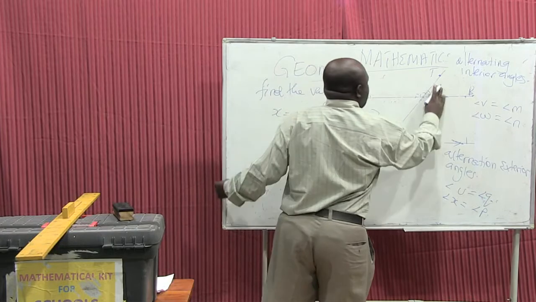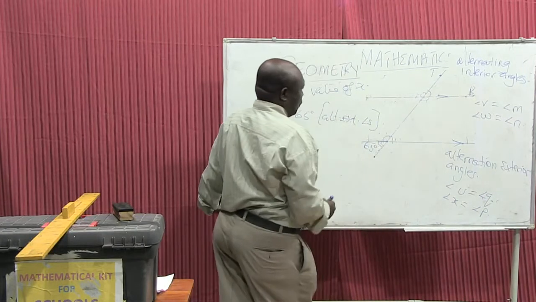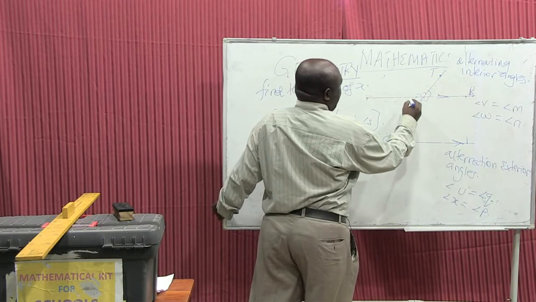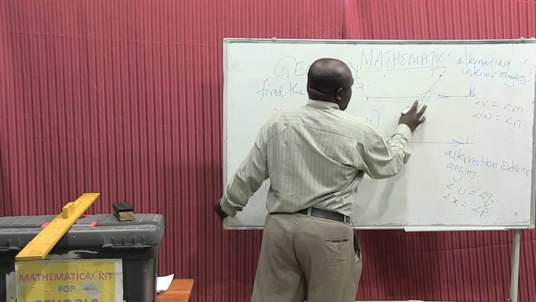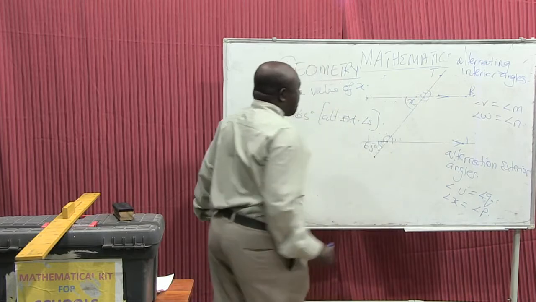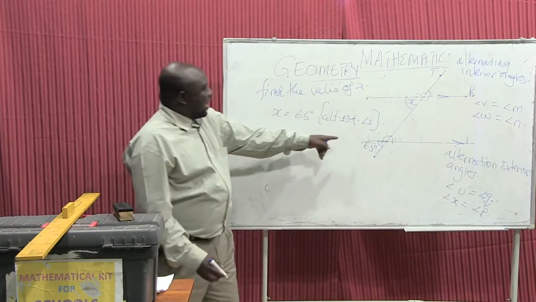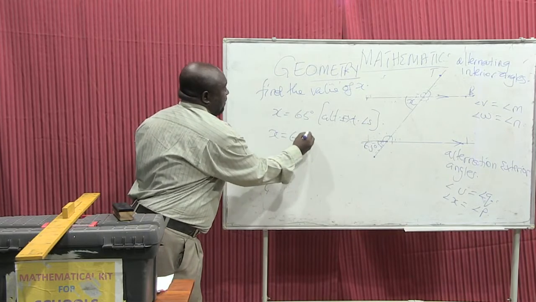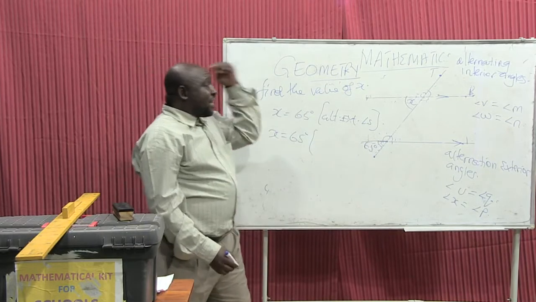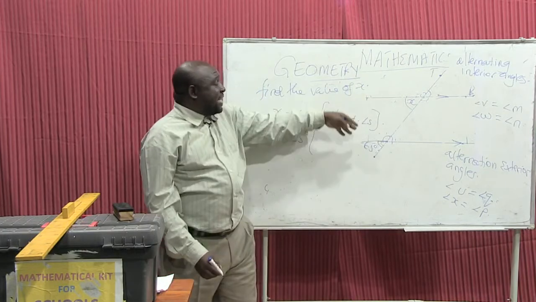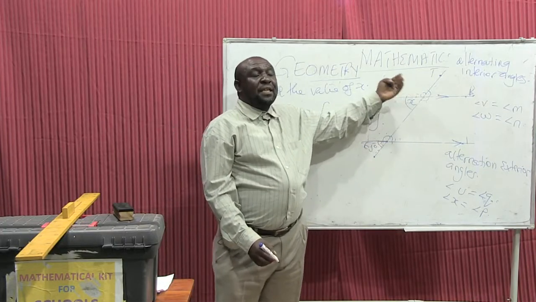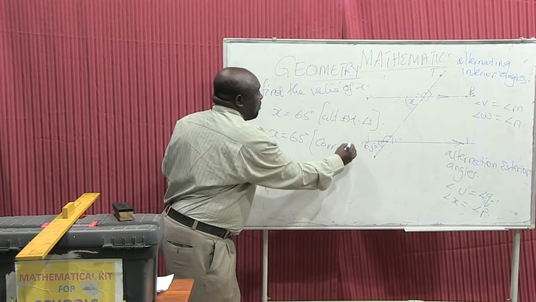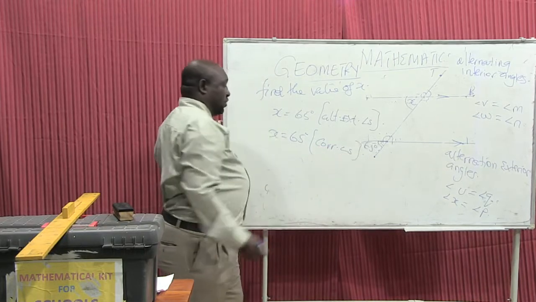Suppose X is here. We say again, X equals 65. Reason: same side, different point, same direction. We say they are what? Corresponding angles.